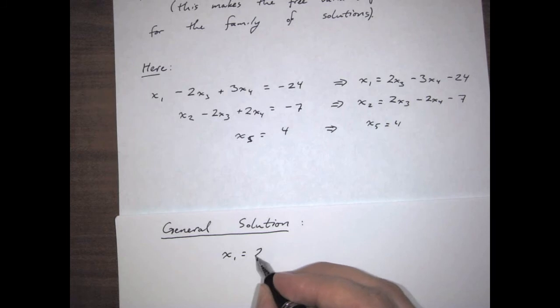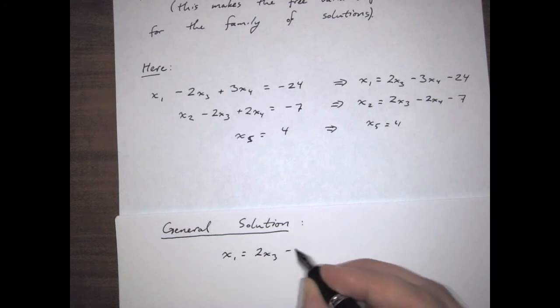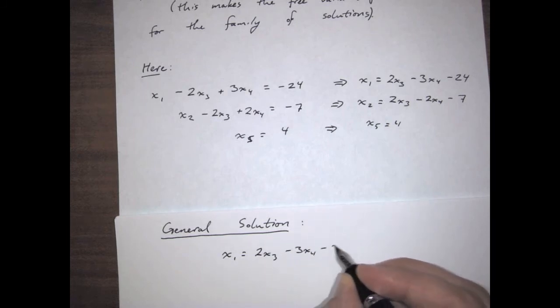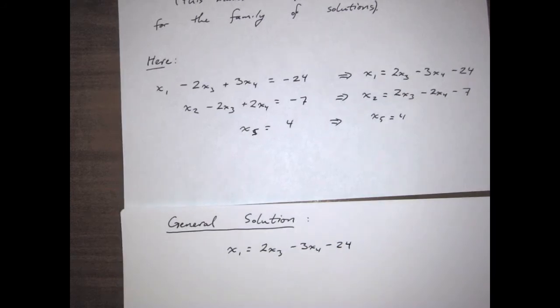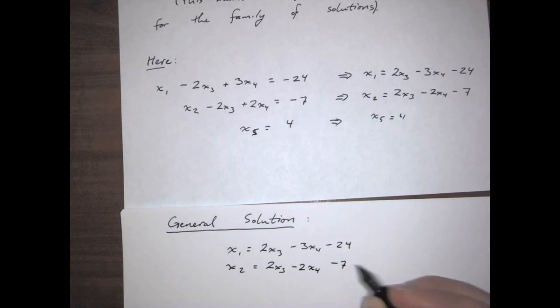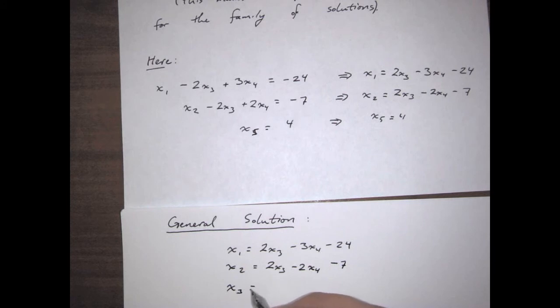So we'd say x1 equals 2x3 minus 3x4 minus 24. x2 is equal to 2x3 minus 2x4 minus 7.